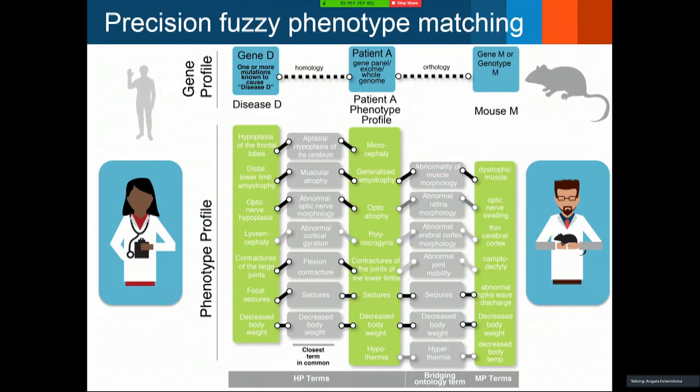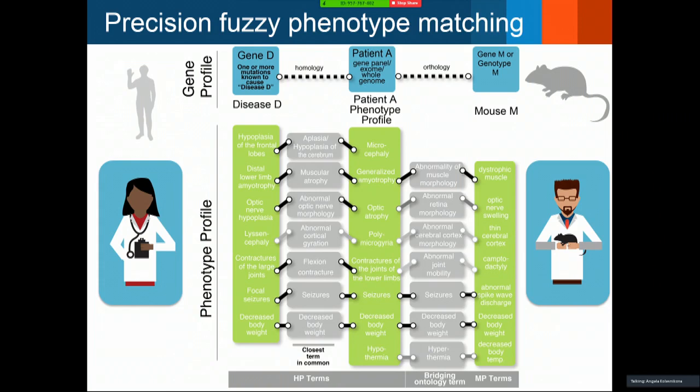So how does the diagnostic use actually work? So here we have a rare disease patient, undiagnosed. Patient A has a set of phenotype terms, so hypothermia, seizures, optic atrophy, and we have a fuzzy matching algorithm that will look against those known diseases, so over here disease D, which has a mutation in gene D, to find the most closely related graph.